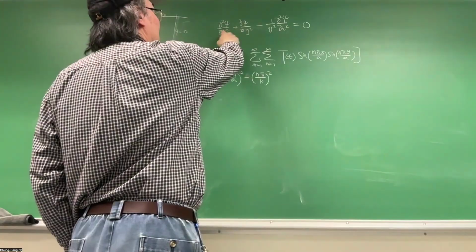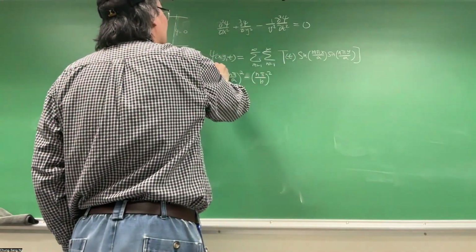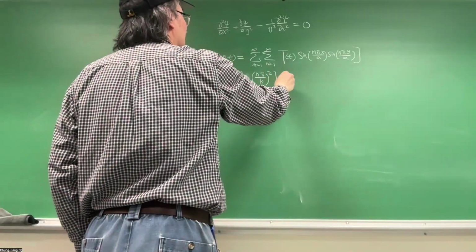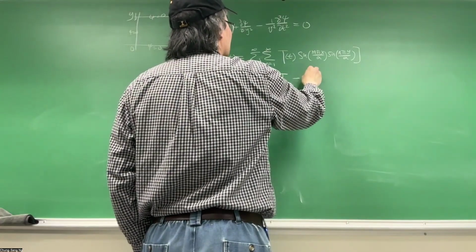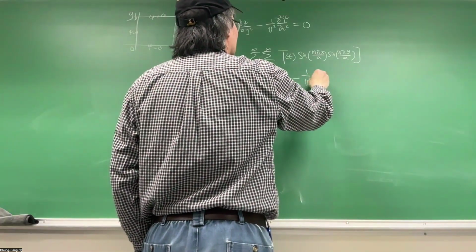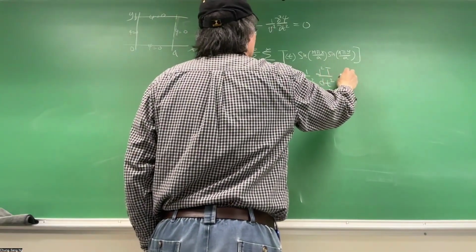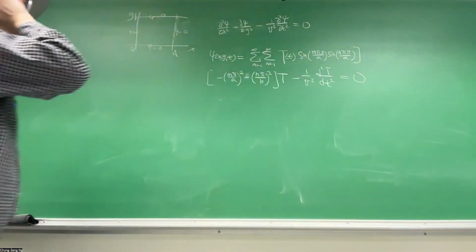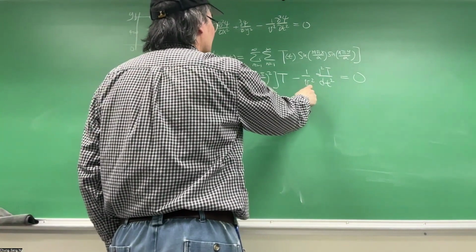So that gives you two constants, multiplied by t, and then minus 1 over v squared d squared t dt squared. Right.